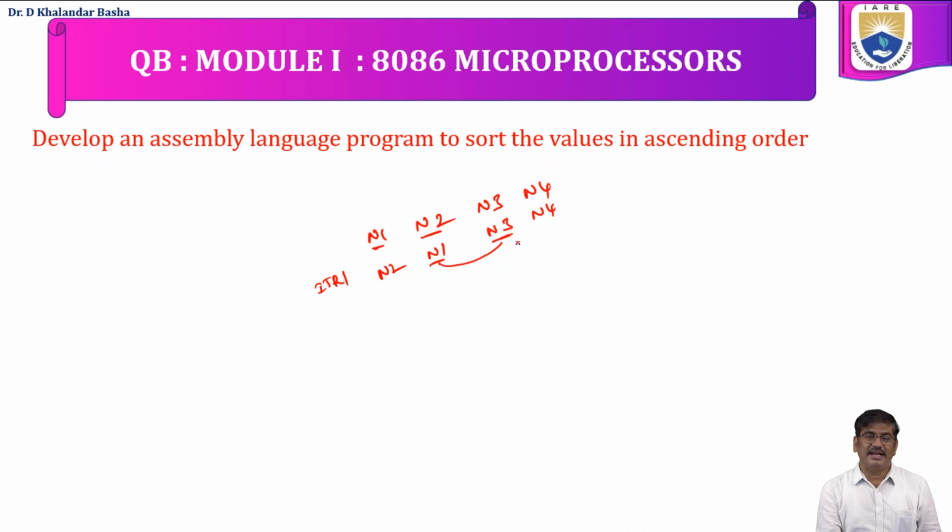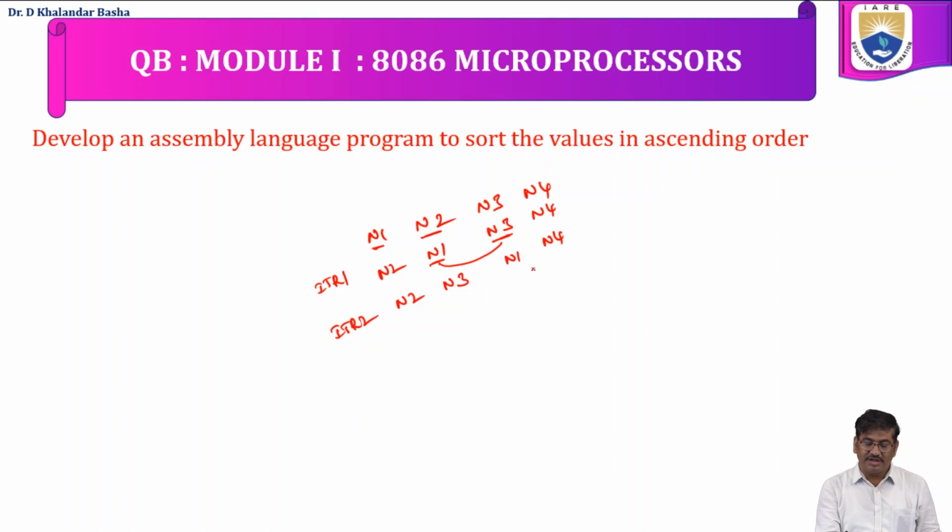If N1 is less than N3, don't alter the contents of N1 and N3. Otherwise go for the next iteration, where we compare N3 and N4. As we have assumed N1 is the biggest among all 4, N1 is greater than N3, so we have to swap these two contents. In the second iteration we get the series as N2, N3, N1 and N4.